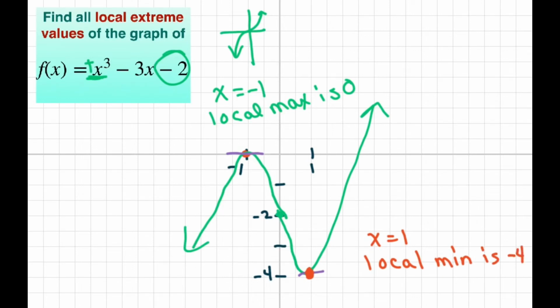If you didn't want to graph it, another way to do it is just look at these 2 points here, negative 1 and 1, and do a little sign diagram and see what the behavior of the graph is. So you wouldn't have to actually graph it. This would be going from negative infinity to infinity.